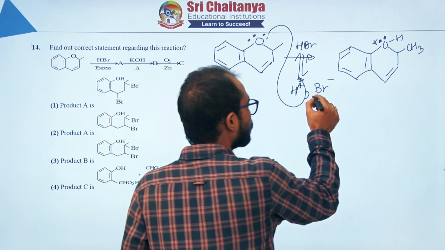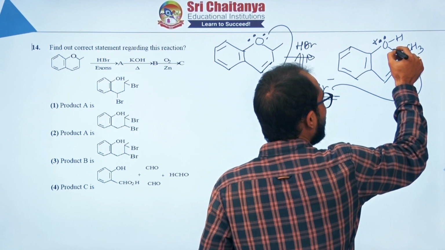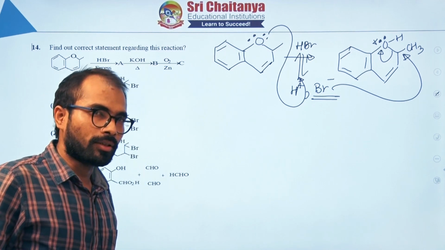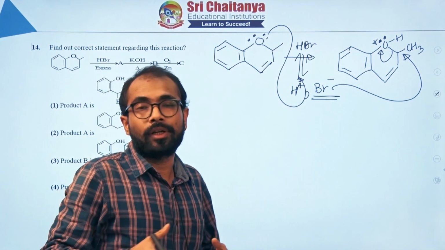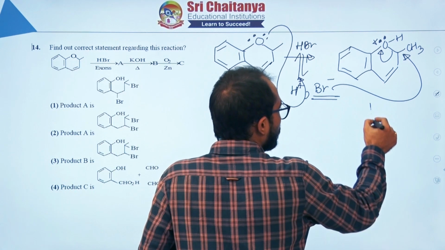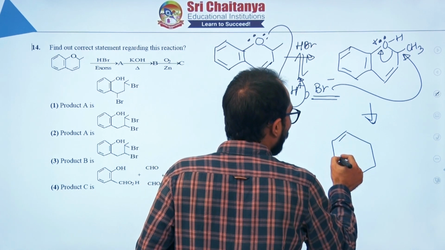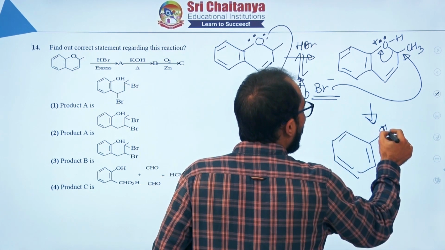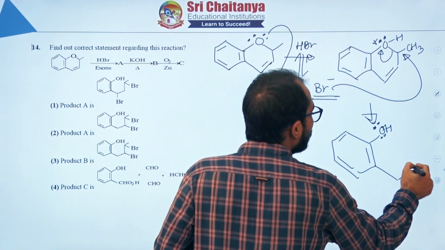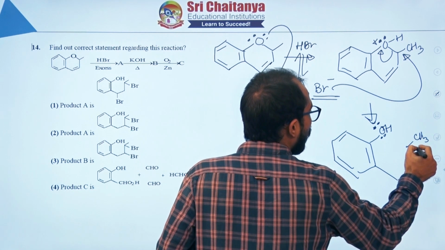Now, this Br minus will act like a nucleophile and it is going to attack here and this will leave, and when it leaves, it will take back those electrons, and that is how oxygen is going to get rid of its plus charge, which oxygen does not want. So, this particular thing will get converted into an OH with two lone pairs, right, and here we are having a CH3.